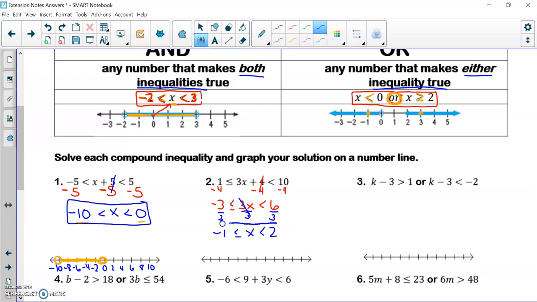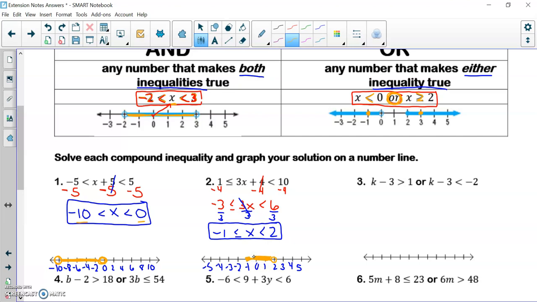And so x must be in between -1 and 2, including -1. So I'm going to graph this now. I will have a closed circle at -1, an open circle at 2, and I want x to be greater than or equal to -1, but less than 2, so that means I'm shading in between my two numbers.